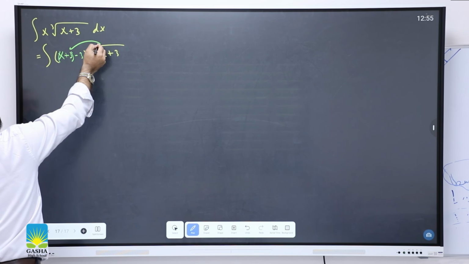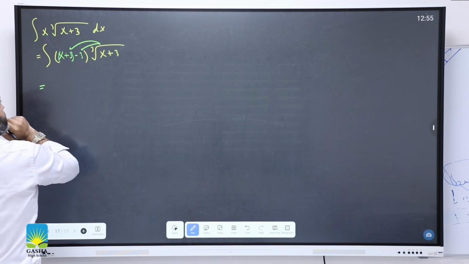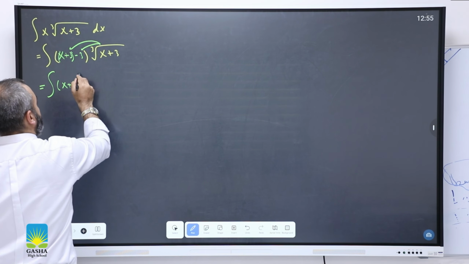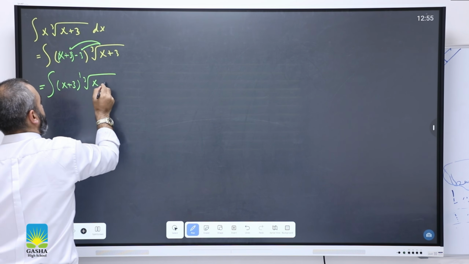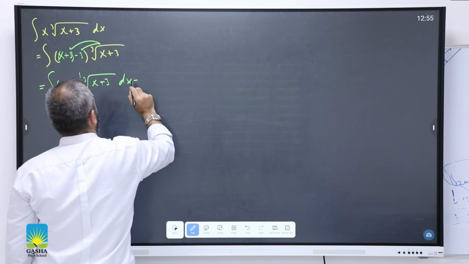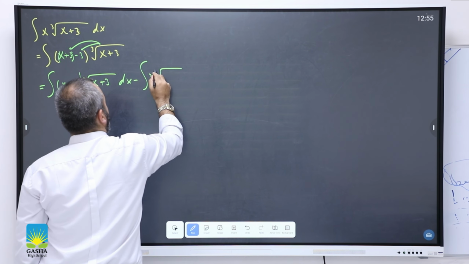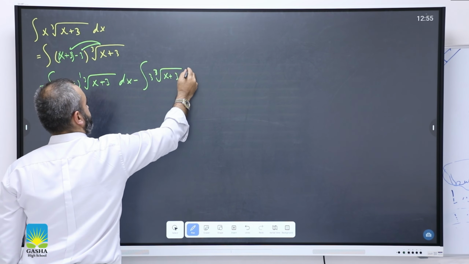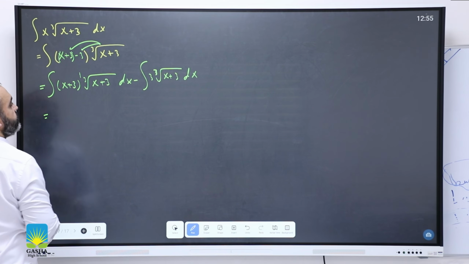We multiply both of them. The integral of (x plus 3) to the power of 1 times the cubic root of x plus 3, dx, minus the integral of 3 times the cubic root of x plus 3, dx, equals.